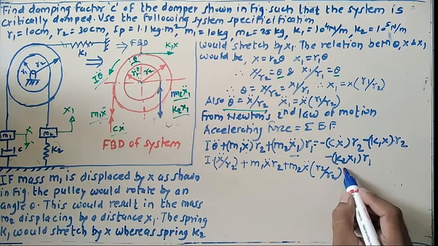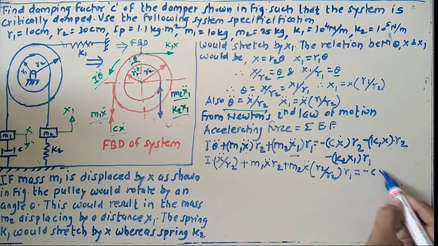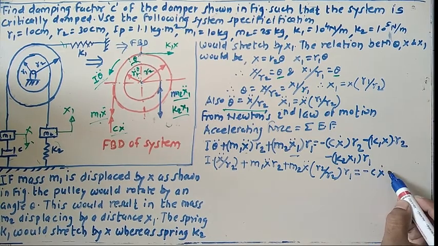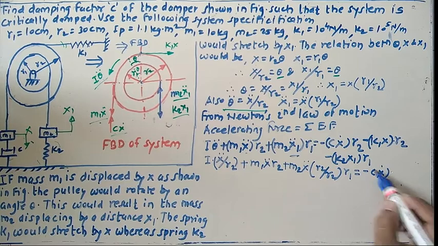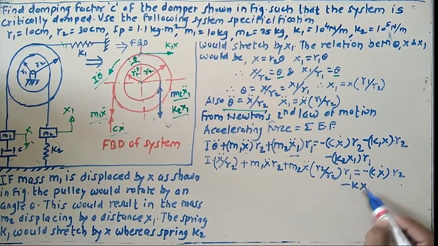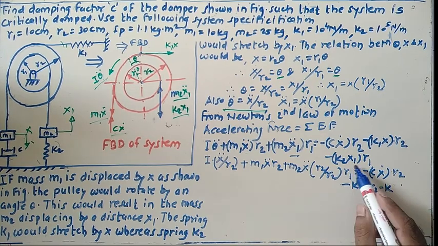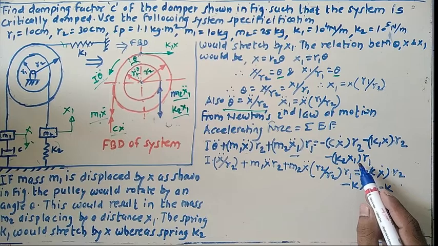Okay, multiply by this term, r1 equals minus c into x single dot, multiplied by this r2, minus k into x multiplied by r2, minus k2 into x1. What about this x1 term?